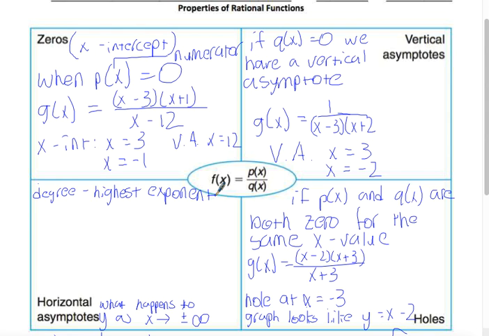So if the degree of the denominator is bigger, then we get a horizontal asymptote at y equals 0. So then it would make sense.